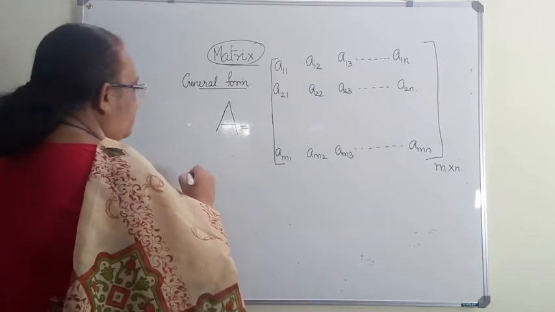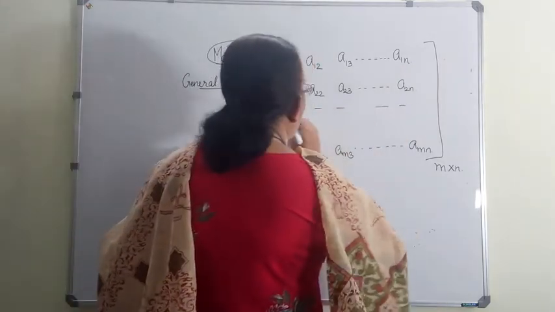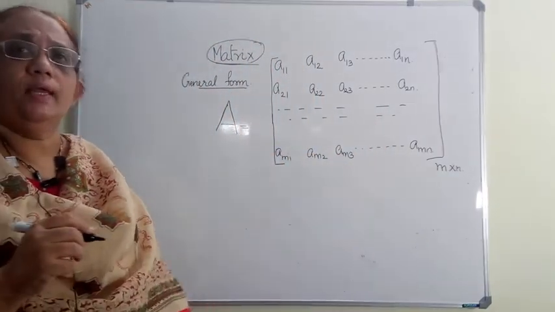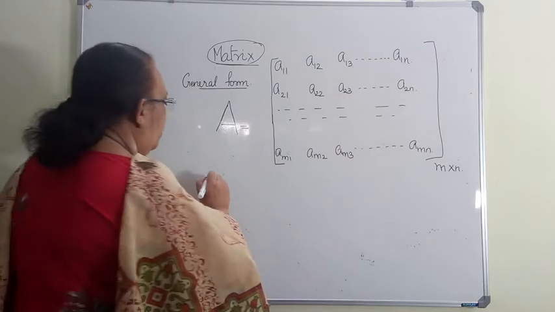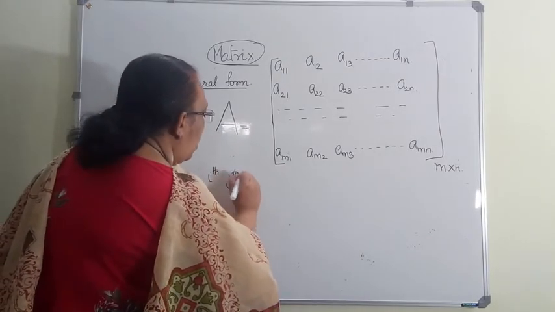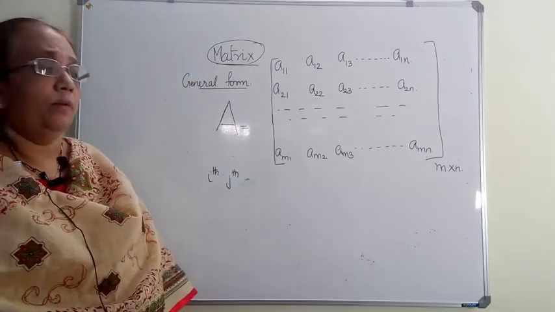So now there are many rows in between. I am specifically interested in the ith row and jth column element.